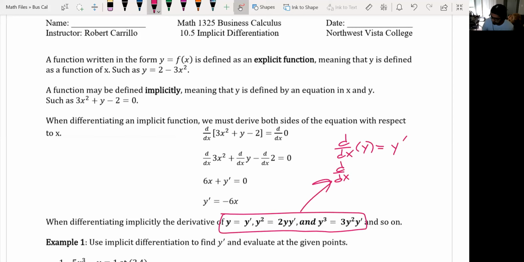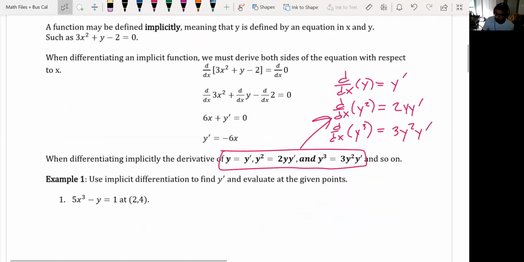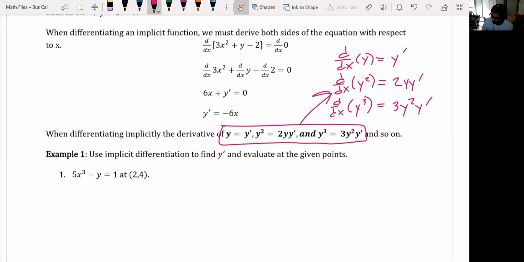D over dx of y squared becomes 2y y prime. And then d over dx of y cubed would be 3y squared y prime.